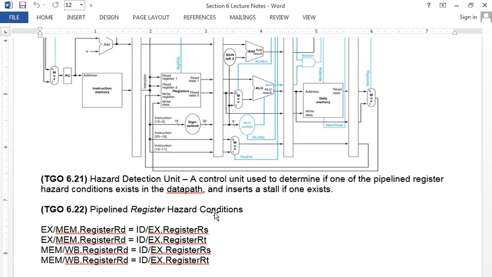The RD, the result from the ALU, is compared to ID/EX.RegisterRs. What that means is we're comparing the result from the ALU, that's what register RD is, the destination register, from the next instruction with the input value here from RS.